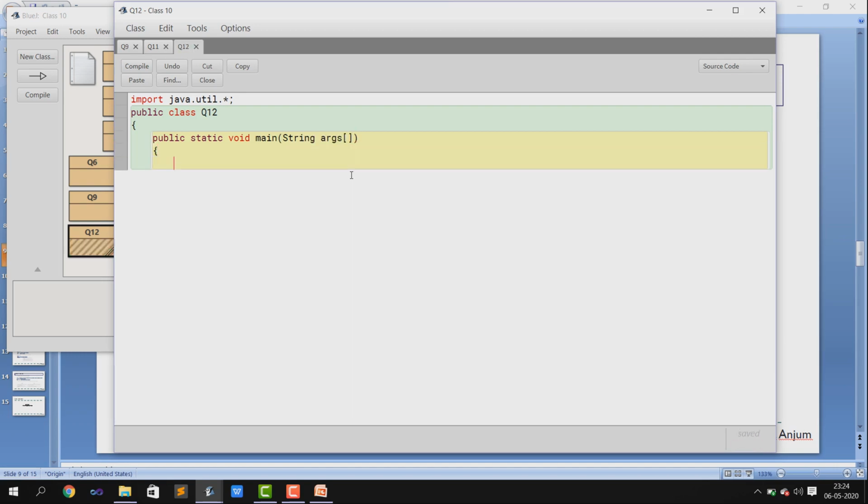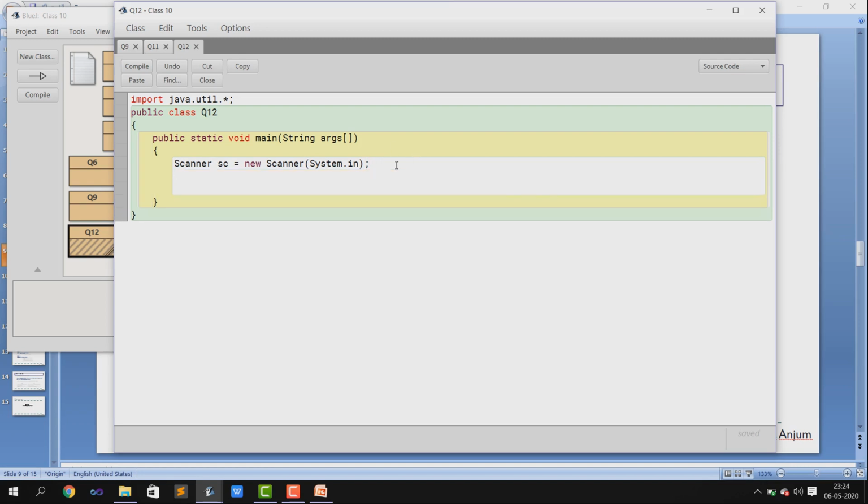At the very first, you are going to create a Scanner object sc equals new Scanner, in brackets System.in. The very common line, you have created an object sc of your Scanner class.